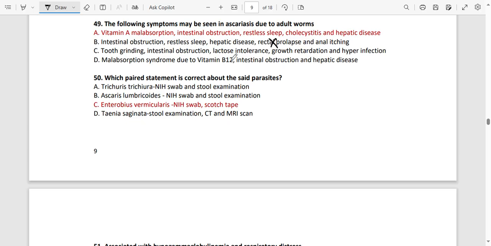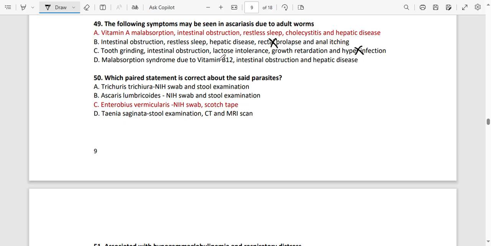Rectal prolapse is associated with trichuriasis. Tooth grinding, intestinal obstruction, lactose intolerance, growth retardation, and hyperinfection. Does anyone know the actual worm that is associated with hyperinfection? There is a specific worm, if not Strongyloides, I've forgotten it specifically.